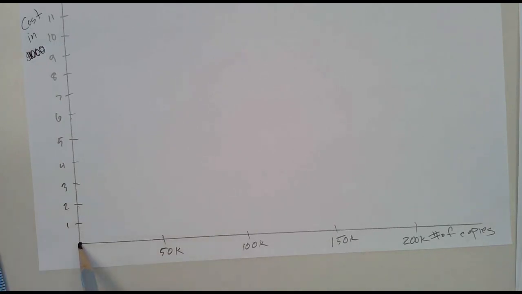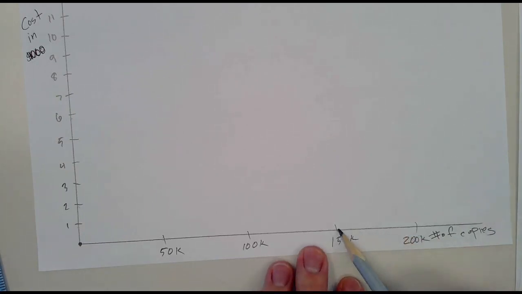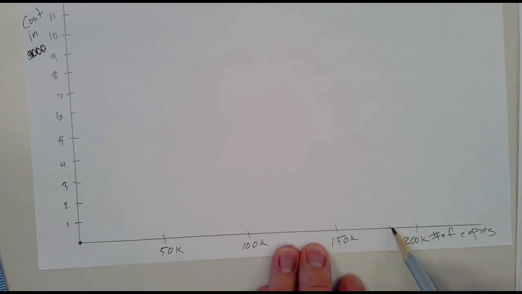Well, in order to make this line, I need another point, but I do have another point, and that is the point at which I've made 180,000 copies. If you remember from number 2 on your worksheet, 180,000 copies is going to cost me $7,200 in 2021. So if I go here to 180,000, that's maybe about right here or so.